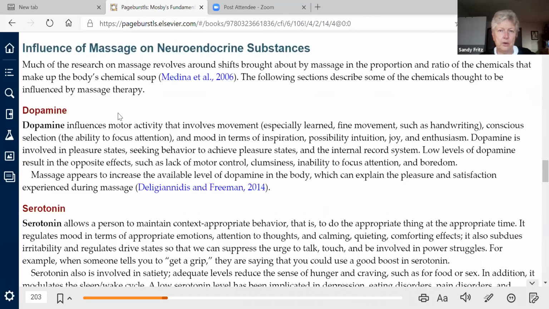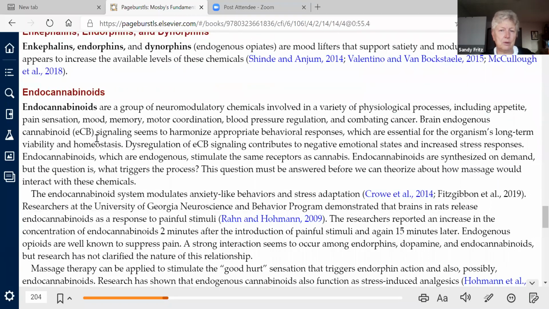So this is where the overlap happens here. And I'm trying to justify, if I'm going to say there's a big interest in therapeutic use of cannabinoids, cannabis, marijuana, and we have our own system of cannabinoids and what might be going on.